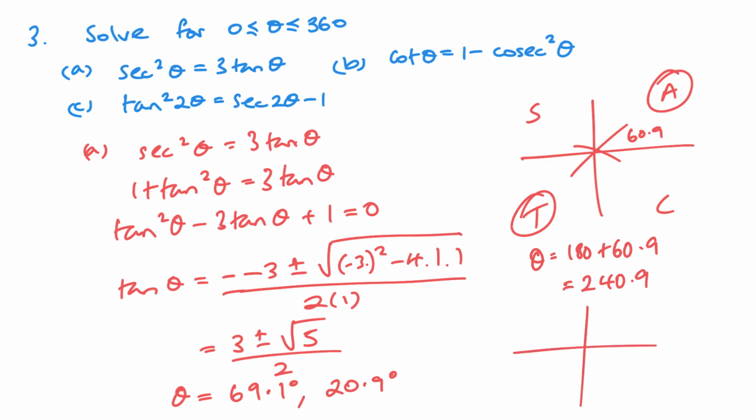Now additionally we need to look at the other value that we have, my 20.9. Okay, so 20.9, it's also positive, so we're looking in the same two sections. So I'm just going to rub it out then, since we're looking in the same sections. My other value is 180 plus 20.9, so we're looking at 200.9 degrees.